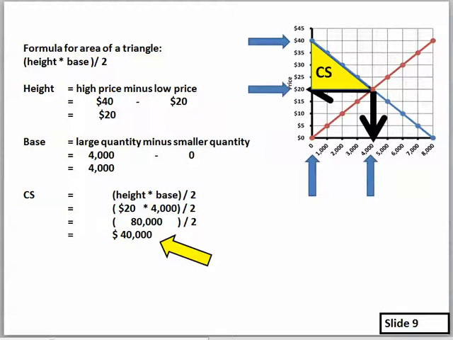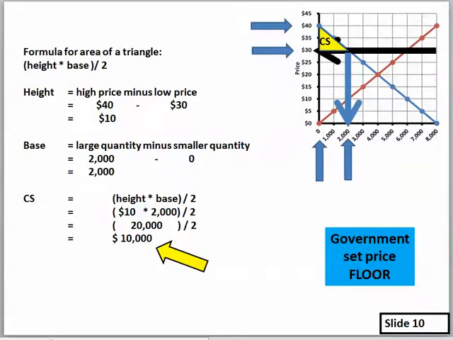Obviously you do what's inside the parentheses first, and then you do the division that's outside the parentheses. So you see the calculation here, and again I went through that in great detail last week. That would be the area of the triangle for consumer surplus when there was no government interference and we were dealing with a perfectly competitive market.